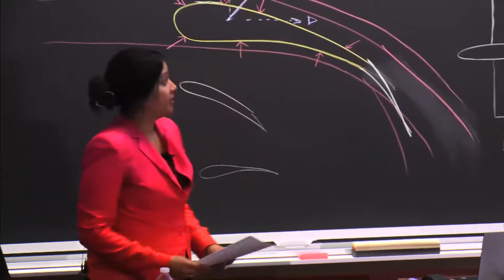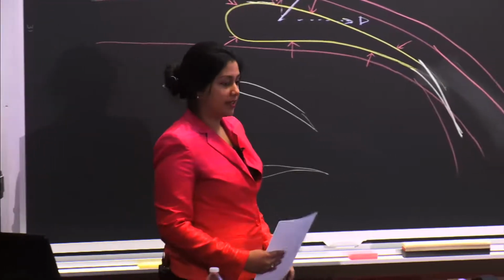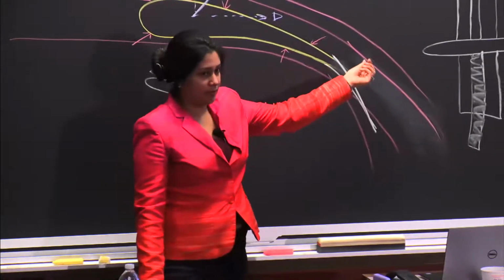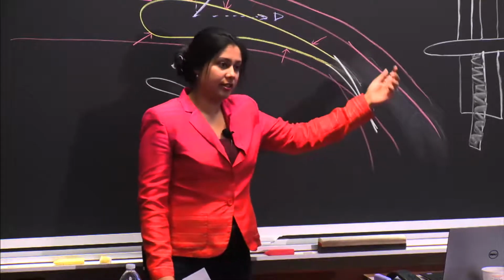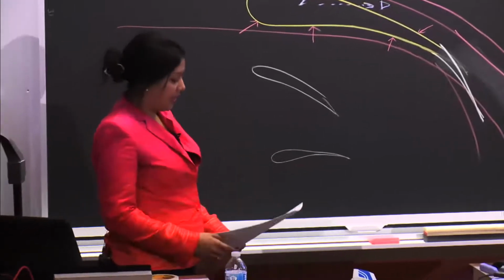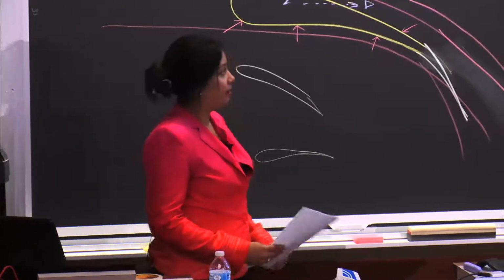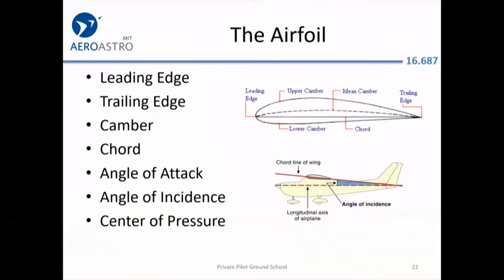We talked about the trailing edge a little bit when we were talking about the Kutta condition, that we're assuming no air molecule can cross the trailing edge to the other side. So then the camber is in there, which represents the curvature of that airfoil. And then a chord line goes in between, so you can measure how that is.